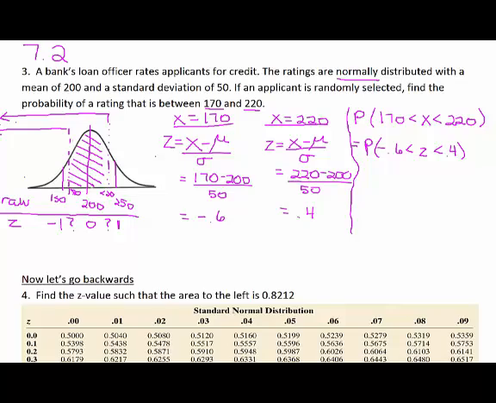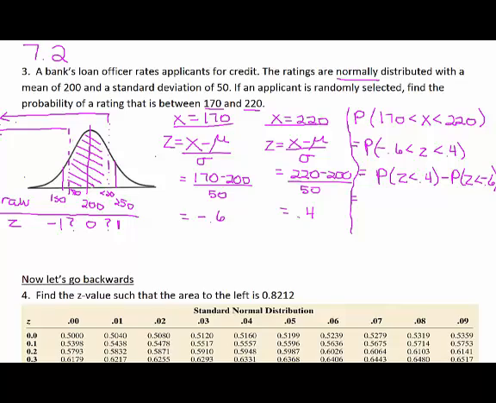Okay, so how do we do that in between thing? We have to take the bigger one, the probability that z is less than 0.4, and then minus off the part below the lower one. So it's going to be the probability that z is less than -0.6. Sorry, that got squishy. Okay, so we just have to go to our z table and find those two.